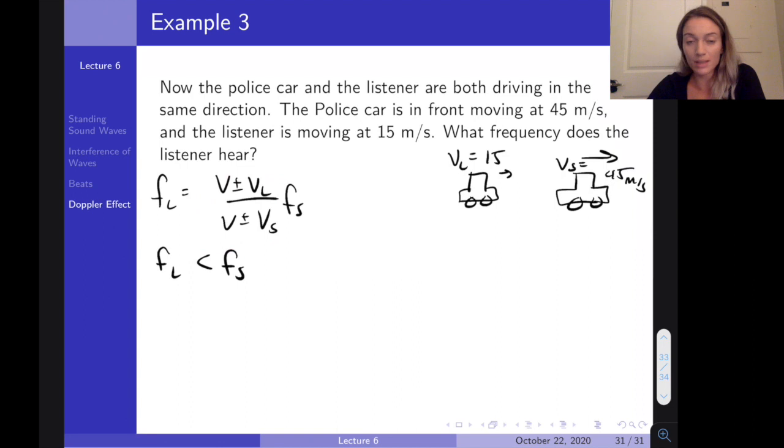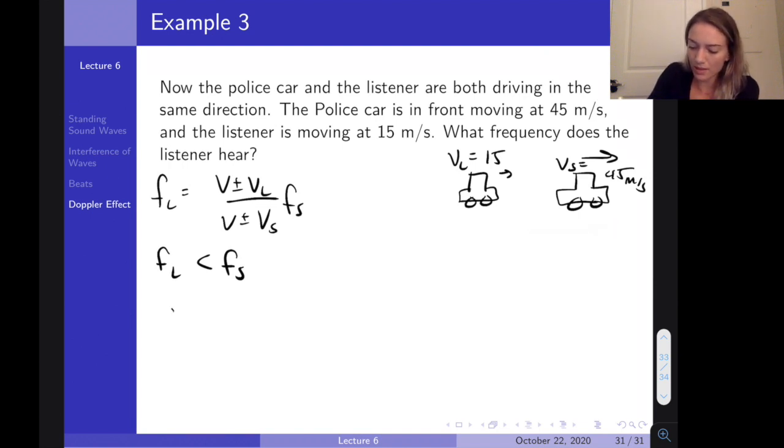Here the listener is moving at 15 and the police car is moving at 45. Both of these signs are going to be positive, because our listener is moving towards the source, which is associated with a positive sign there, and our source is also moving in that same direction. So we're going to get two positive signs.